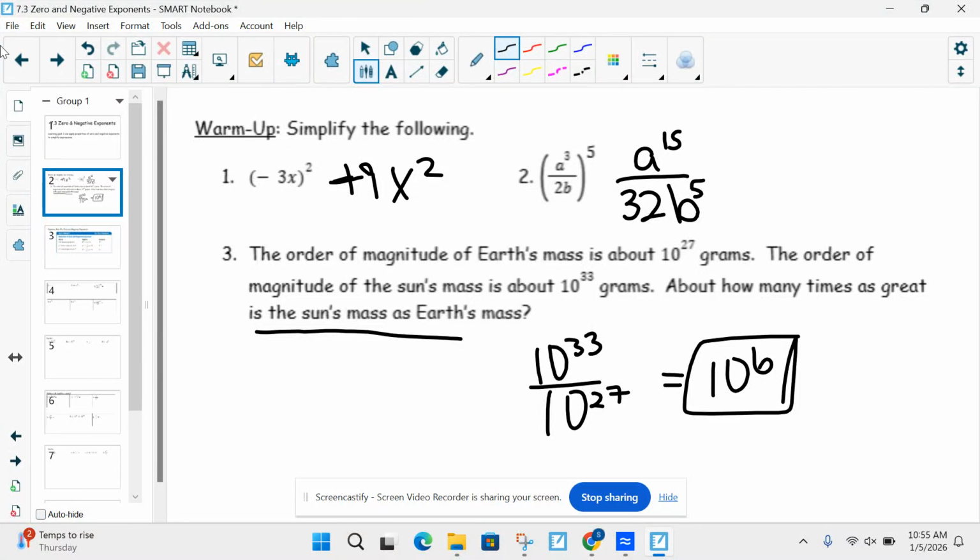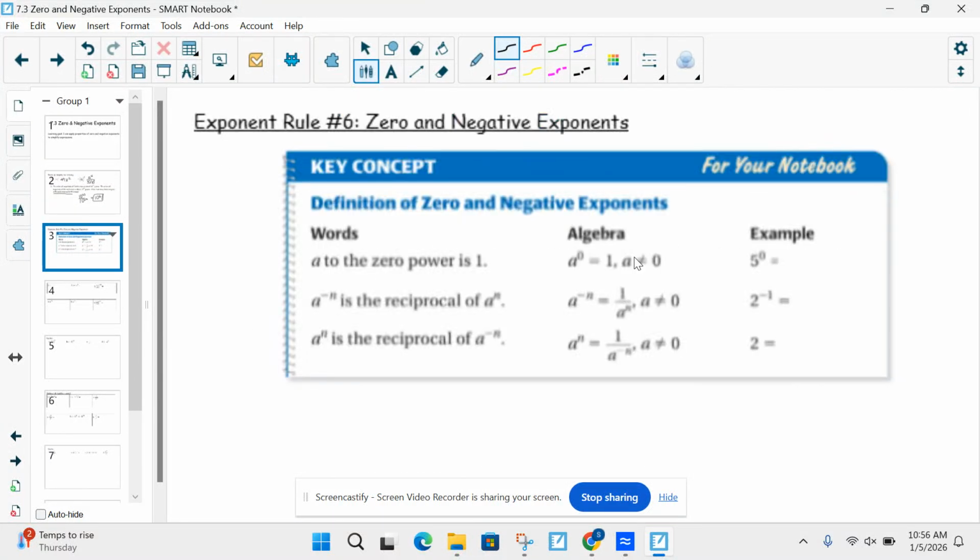Okay. So the rules for today are, the first one is the zero exponent property. It says anything to the 0 power is always 1. So if you have 5 to the 0 power, the answer is 1. If you have (negative 5x squared y to the 7th) to the 0 power, the answer is 1.